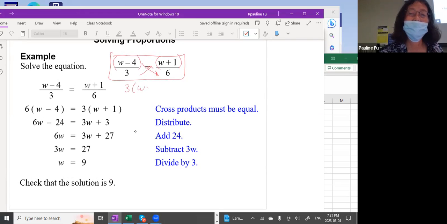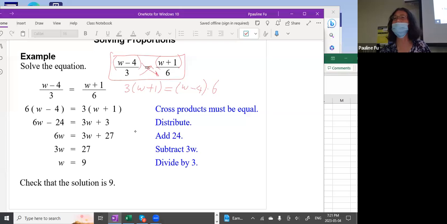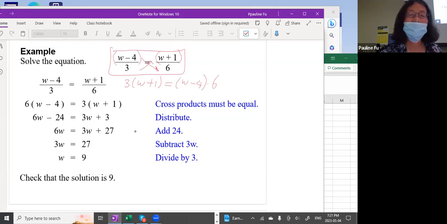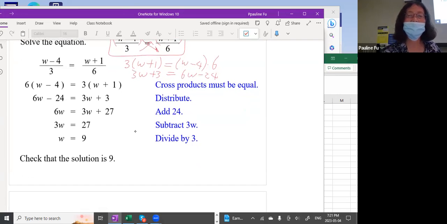Any question on the first step, cross multiplication? And then you take away the brackets: left-hand side, you have 3w plus 3, right-hand side, 6w minus 24. Then you collect like terms, move items around, maybe move this 6w to the left-hand side.